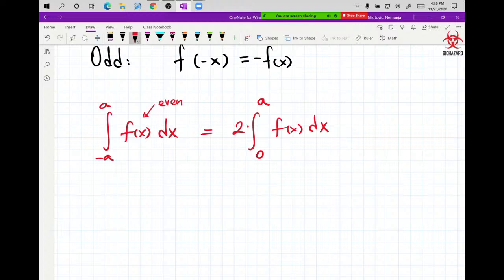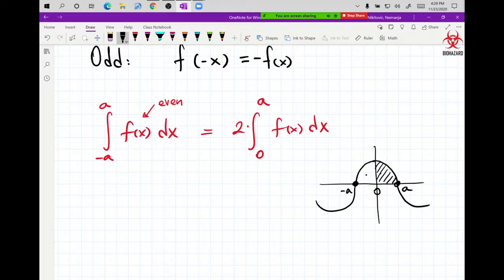You can see this at our favorite even function. Cosine x is even. And if you draw cosine x like that, and let's say this is your a and negative a, you see that these two parts are the same. So just computing the first one from 0 to a and doubling it, because there is another one on the other side stretching to negative a, you're good to go.